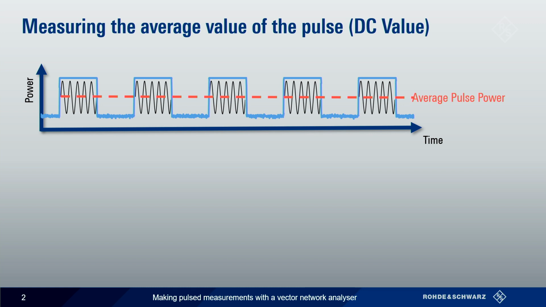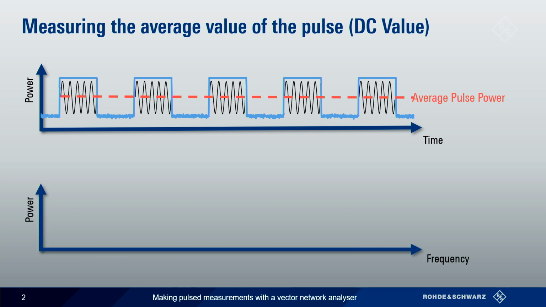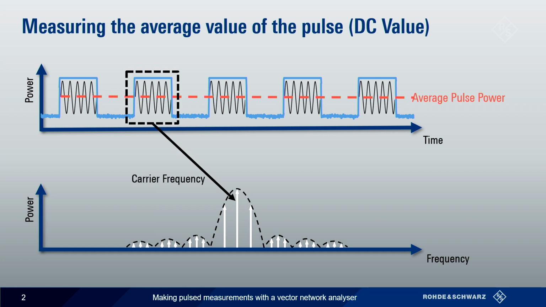If we look at this in the frequency domain, then as we saw before, we get this classic sin x over x envelope or response of the magnitude of these line spectra, where the central one is the key element because that effectively gives us what's referred to as the DC value. It's the frequency of the carrier, or the carrier frequency.